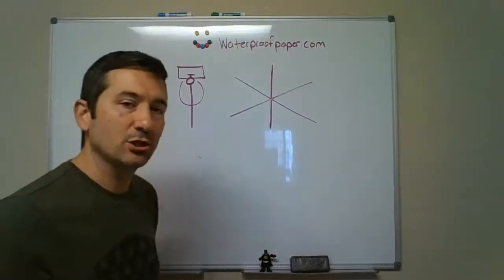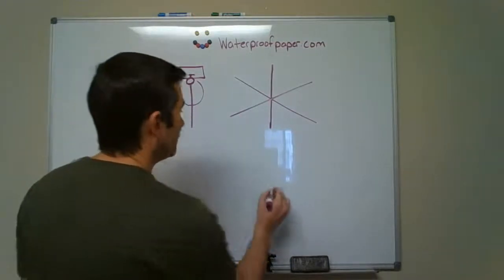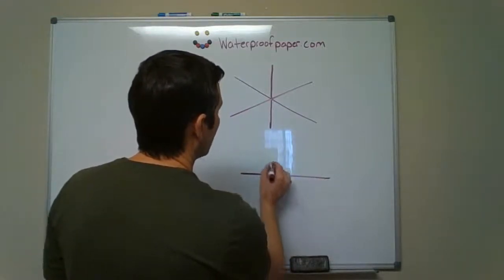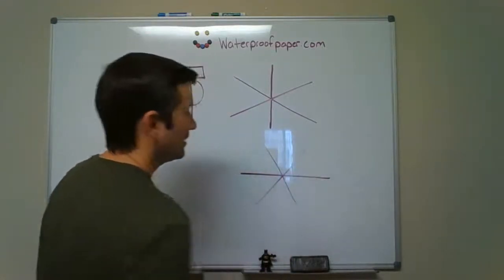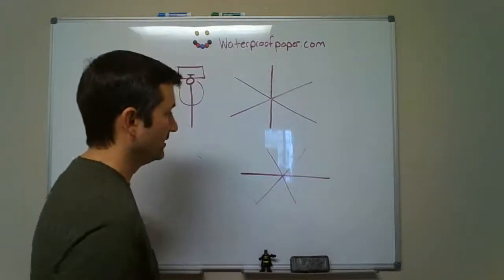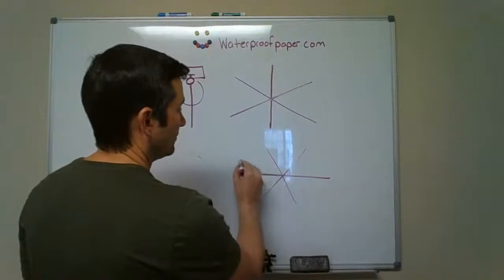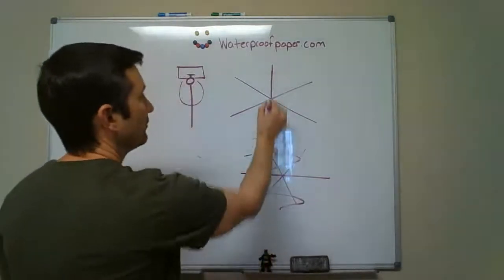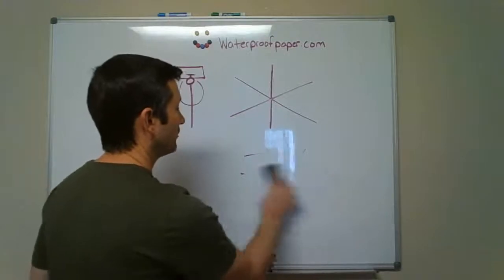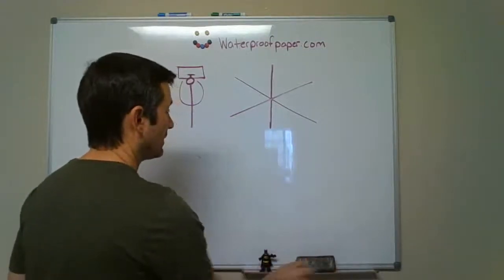Now, if you've got your paper and you've got lines that are going this way, and then the lines are going like this, you've got your paper turned the wrong direction. Okay, this is not correct. We do not want that. You want it with vertical lines going up through, okay? Make sure you got your paper turned right. Okay, now you're ready to start drawing.